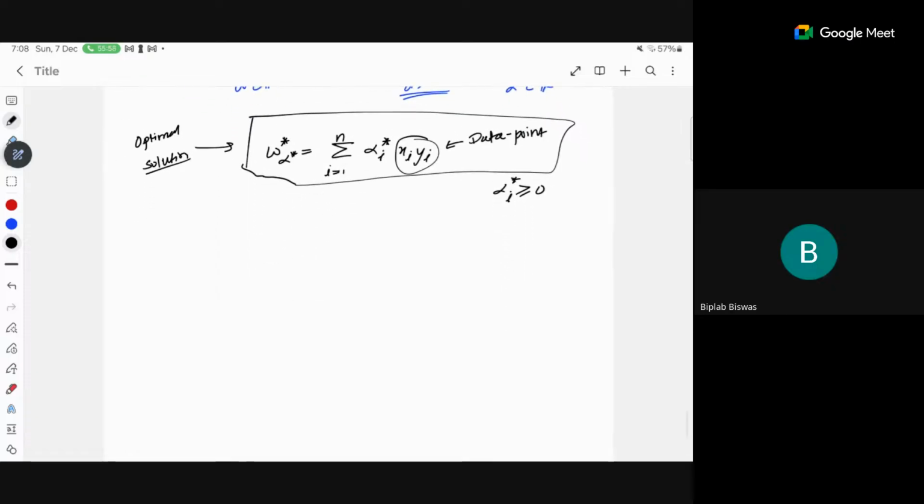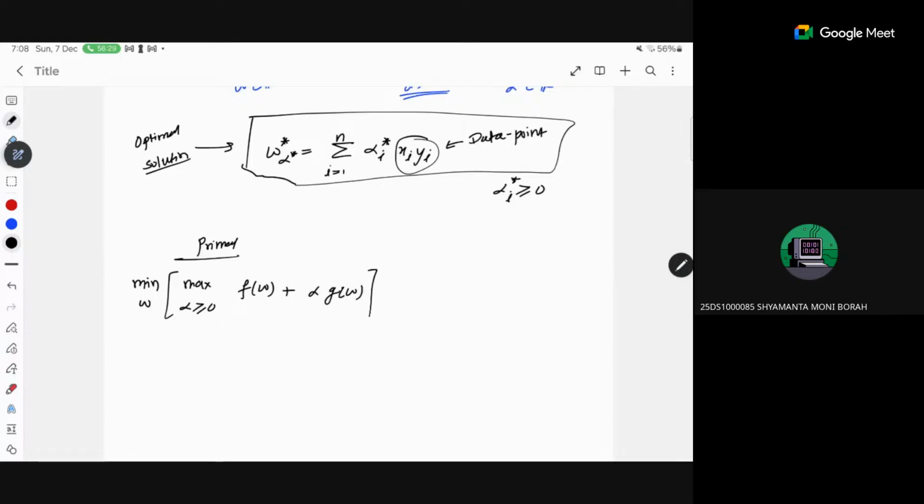One more time I will write the primal problem. What is my primal problem? It is a min max problem: min over w, max over alpha greater than or equal to 0, of f of w, which is half the squared length of w, plus alpha times the constraint g of w.